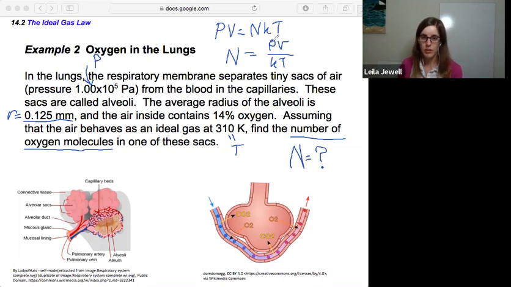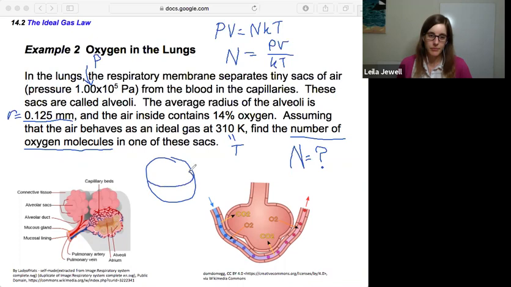So let's check. We know our pressure, we know our temperature, we know the Boltzmann constant, that's just always the same. What about this volume? Do we know anything with the volume? Well, we do know the radius on average. And these tiny sacs, it doesn't specify their shape, but since it specifies a radius, that sounds to me like we can assume that these are approximately spherical.